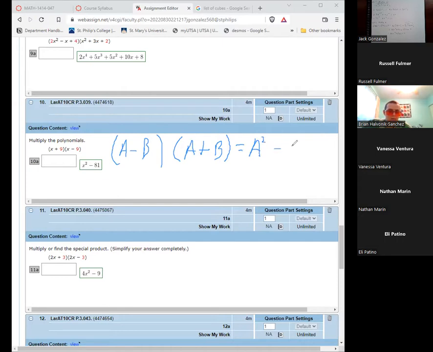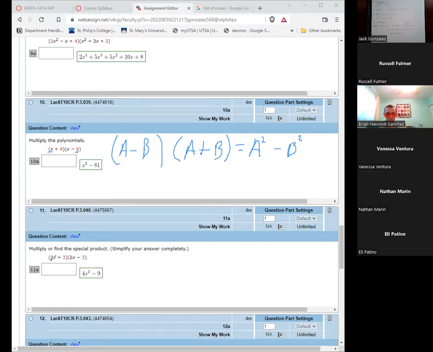Something squared minus the other thing squared. So x squared minus 9 squared. X squared minus 9 squared. They're just applying the formula. Does that make sense?